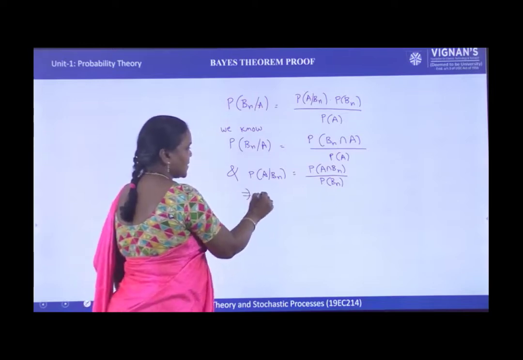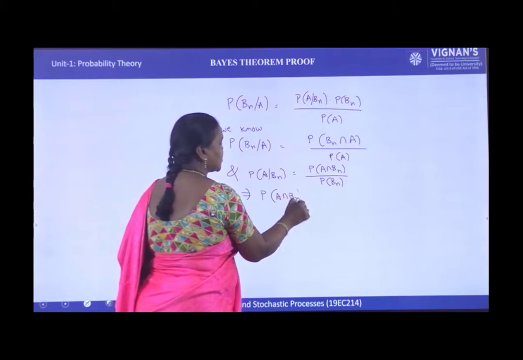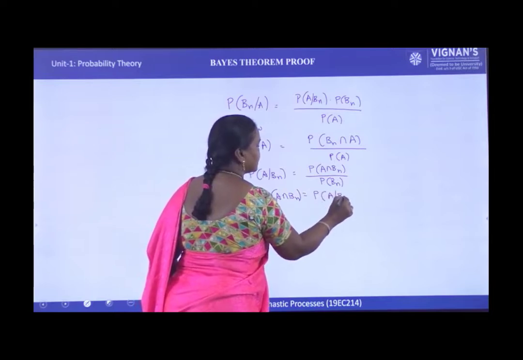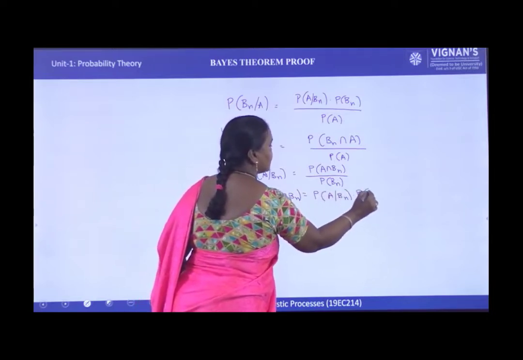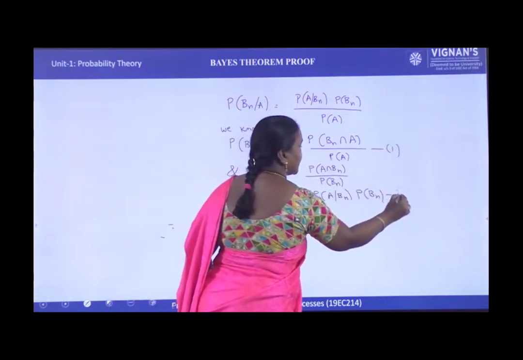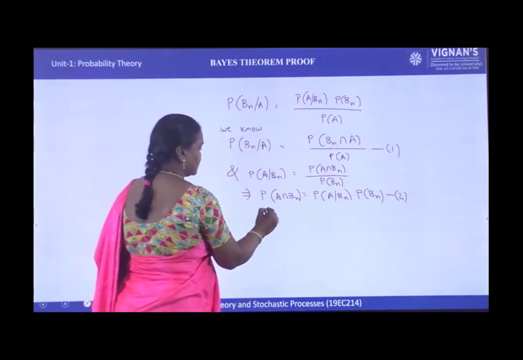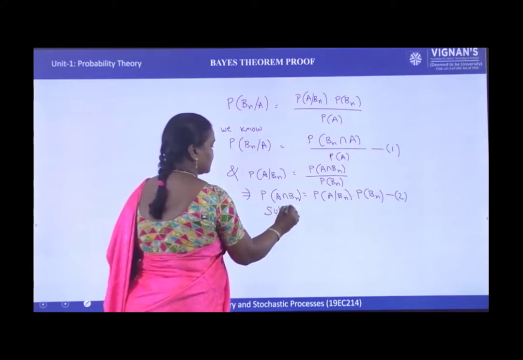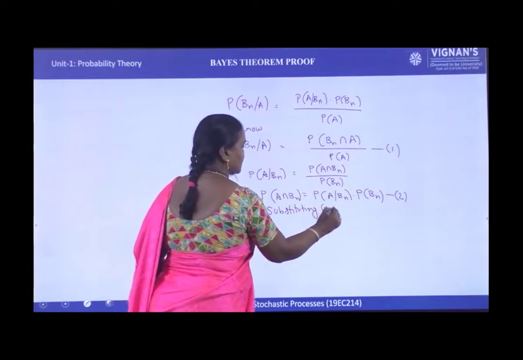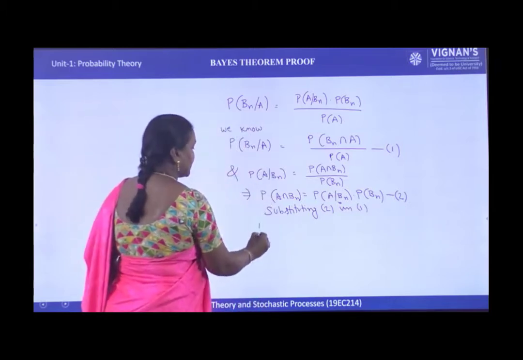This implies P of A intersection Bn, or Bn intersection A, can be written as P of A by Bn into P of Bn. So let it be 1, let it be 2. Now substituting 2 in 1, what will you get?